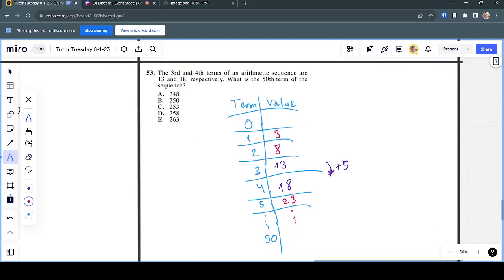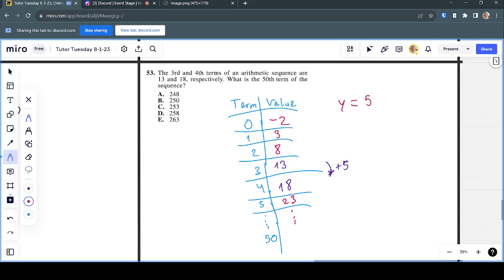What I would like to do here is put this into an equation, like y equals mx plus b, because it looks like it's linear, right? Every time we go up 1 on the term, we go up 5 in the value.